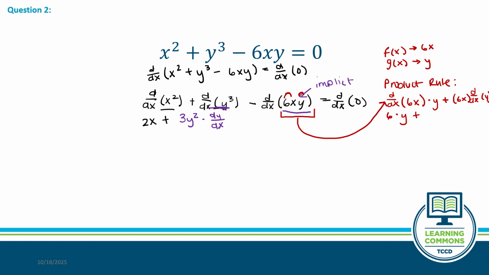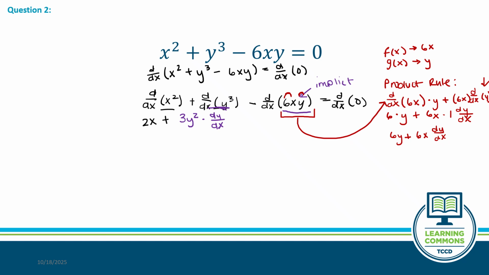There's no implicit differentiating there because I'm not doing anything with the product rule on this side. So now I go 6x. Now the derivative of y, that's going to be implicit, so times 1, that's the derivative of y, and then dy/dx. So I'm going to rewrite that really quick: 6y plus 6x dy/dx.